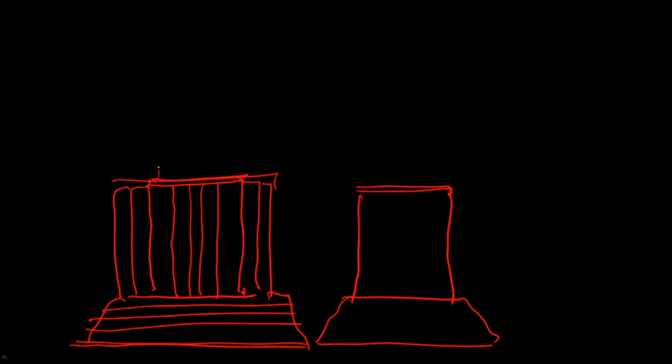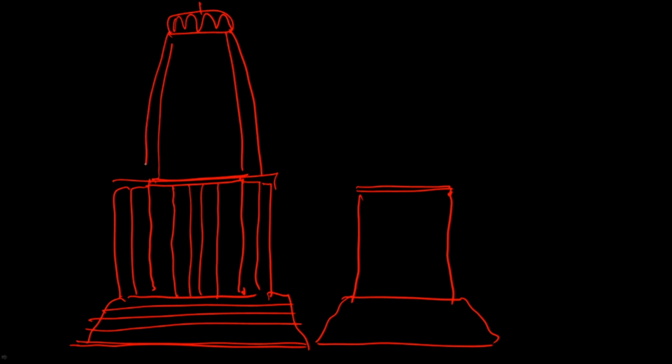So when you have a spire with your Amlaka on top, one way to accommodate this is to have a simple spire, and corresponding with all the projections you have lesser spires.